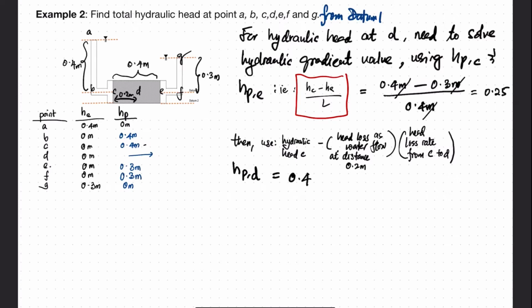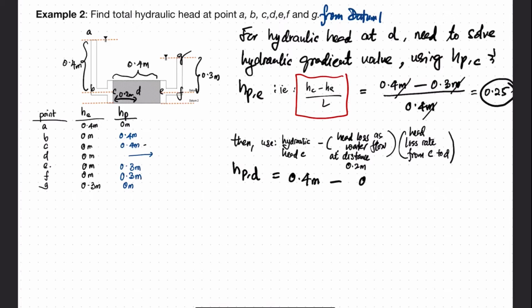This is at C, not E. So 0.4 meters, you minus the gradient, the head loss as water flows at a distance, 0.25, no unit.